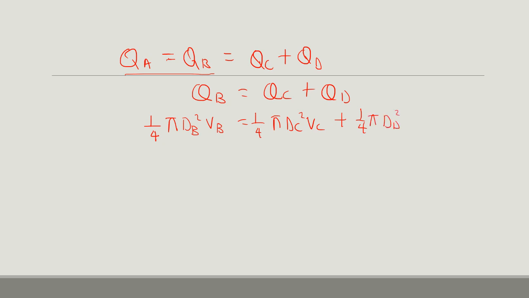dD square VD. Now, I can see some common things here. 1 over 4 pi, 1 over 4 pi, 1 over 4 pi. That is here, here, and here.